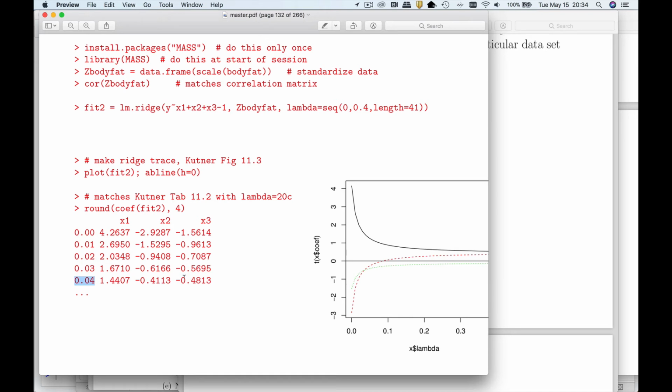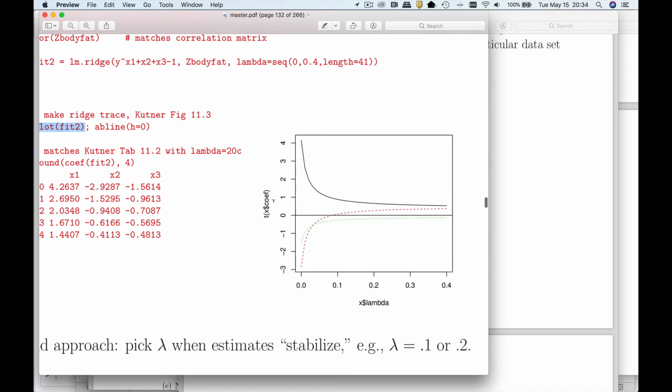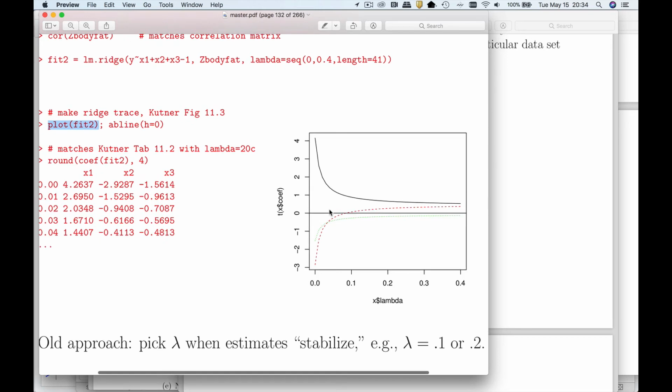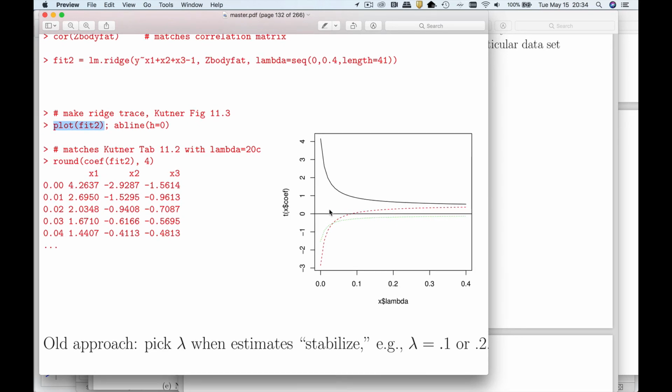When you plot one of these fitted objects from lm.ridge, you get a very famous plot called the ridge trace. So this is the ridge trace. And if you remember your colors in R, black is 1, red is 2, green is 3.